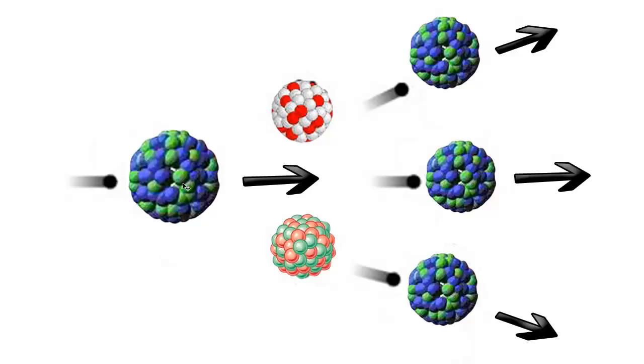Since this is a nucleus of uranium, it's positively charged. It has protons and neutrons in it. So if we would fire another proton in here, let's say, then since this is positive and this would be positive, they would repel each other and it couldn't blast into it. So that's why we choose a neutron, because a neutron has zero charge. It could collide with this nucleus easily.